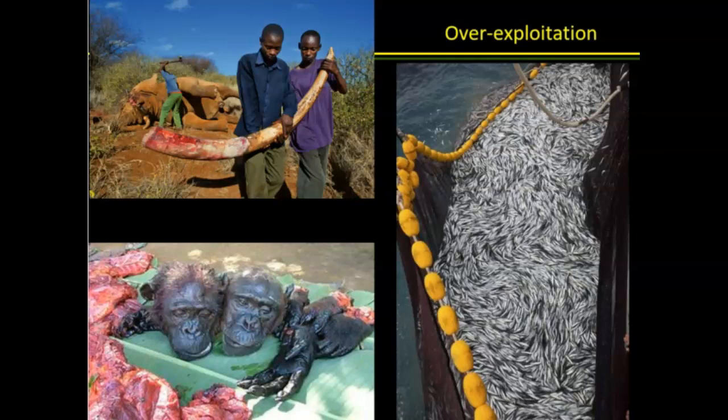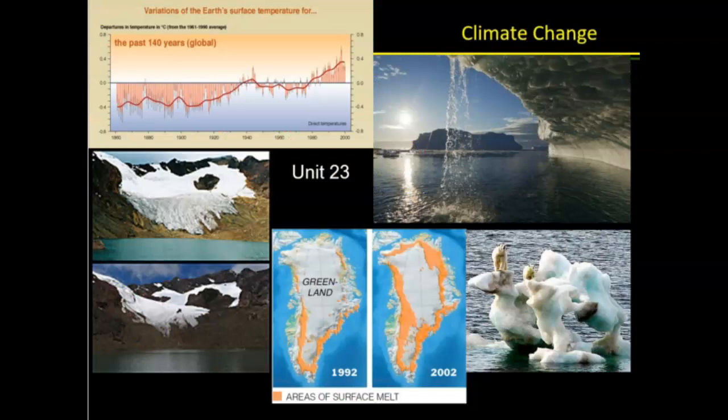Historically, that's been primarily for food, but we also have some cultural practices such as ivory carving and traditional medicines that value parts of different species, and that has led to many species getting very close to extinction, or in some cases actually being wiped out entirely. And then the final reason has to do with climate change, which is already pushing many threatened species even that much closer to the edge of extinction. We'll be talking more about climate change very soon.